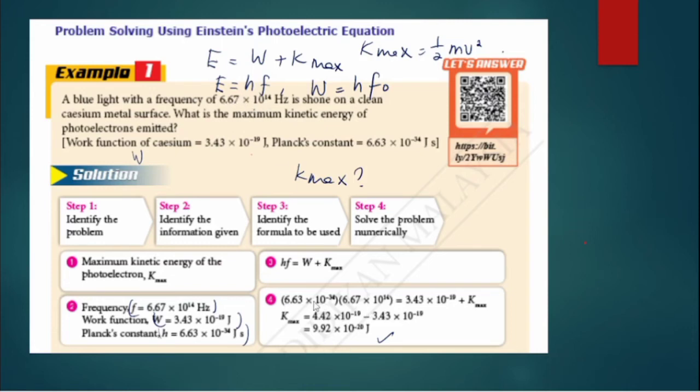So hf equals work function plus K max. Thus, K max equals the energy of the photon minus the work function. So we get 9.92 times 10 to the power of negative 20 joule. So this is one example of using the Einstein photoelectric equation.